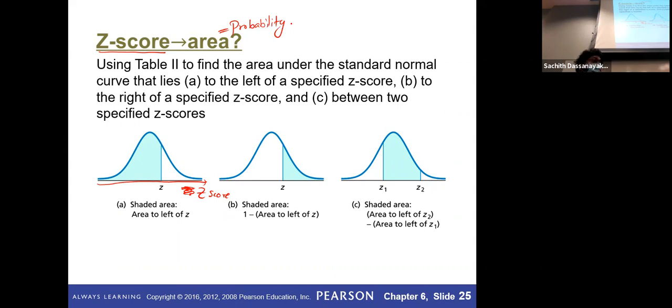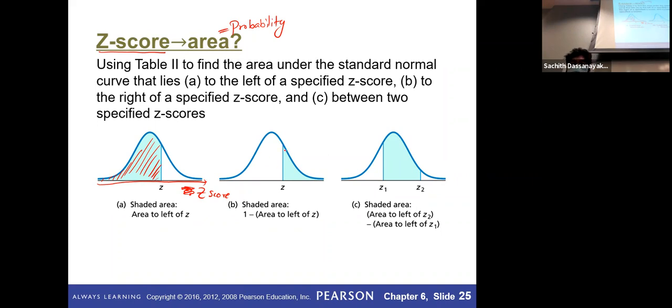How do you do that? Simply find the Z score. Always the area is measured to the left of that particular value. If you have a Z value, you can go to the table and find the area. That area is exactly what you need.